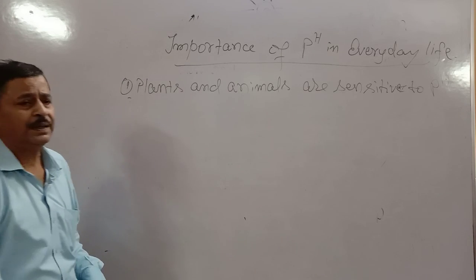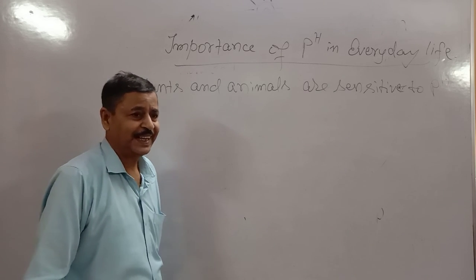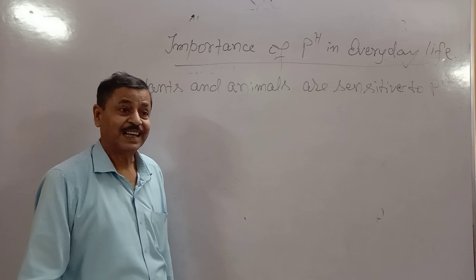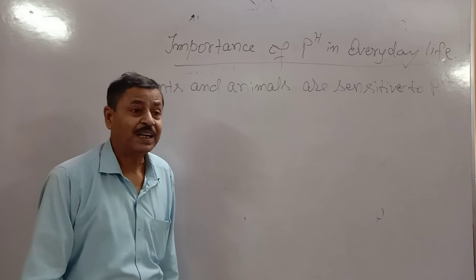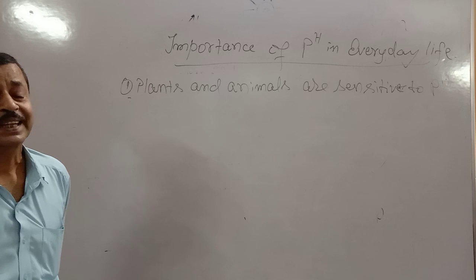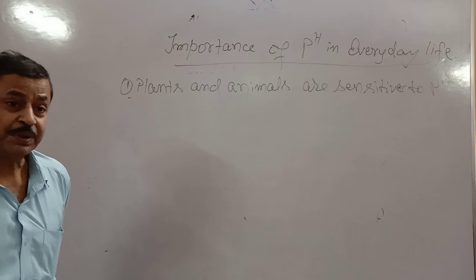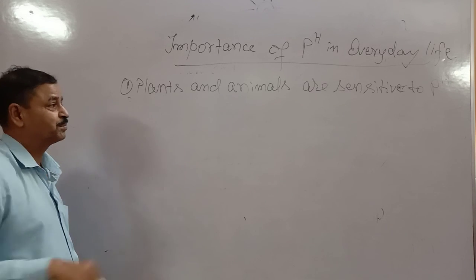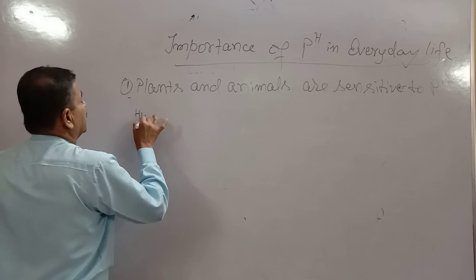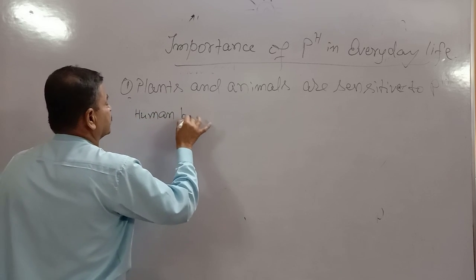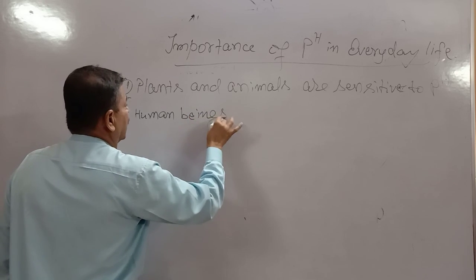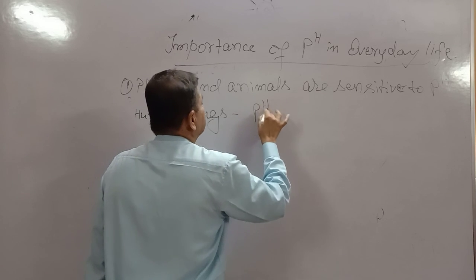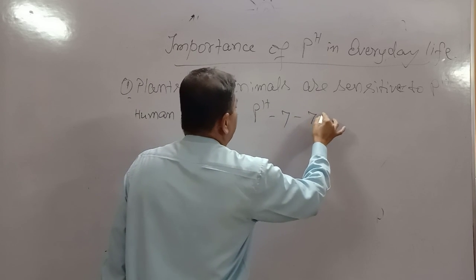You know that plants always grow in neutral condition. If the pH of the solution increases or decreases, either acidic or basic, plants cannot absorb water and minerals from the soil. So in neutral condition, plants can grow very well. In the animal case, including human beings, our body metabolism always works in the pH range from 7 to 7.4.